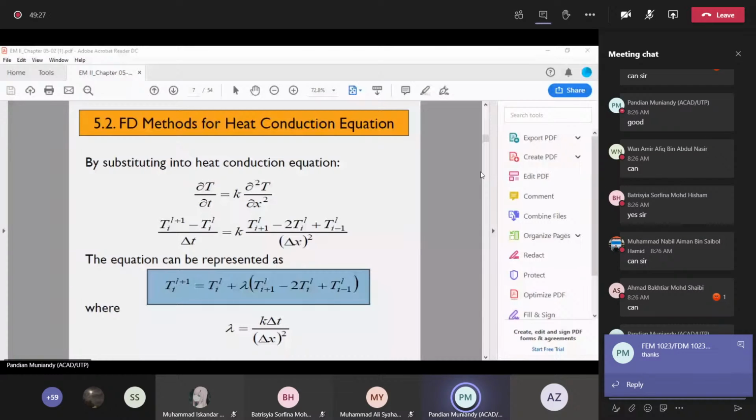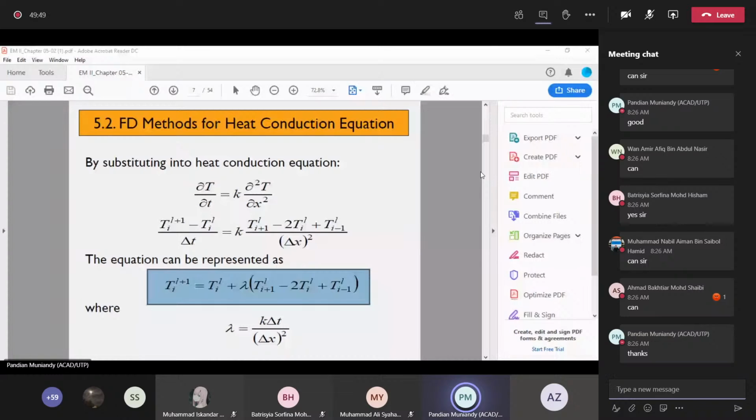All right. So you already have the left-hand side. What is the meaning of L plus 1, L, and right-hand side, T superscript L minus 2 superscript L plus T superscript L? All these terms we will explain in the next slide.